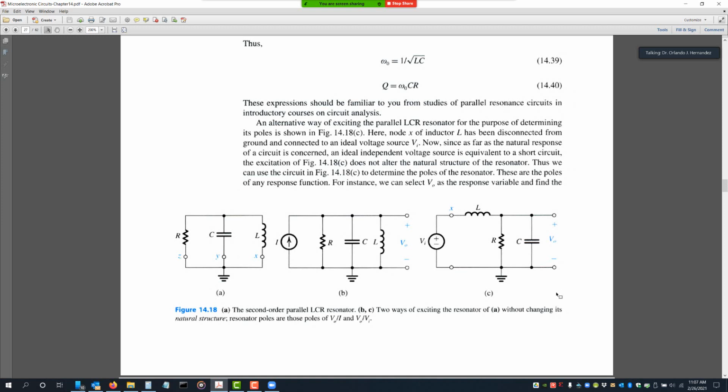So that would give us different prototypes that we can have. But the point is that it is a parallel combination.